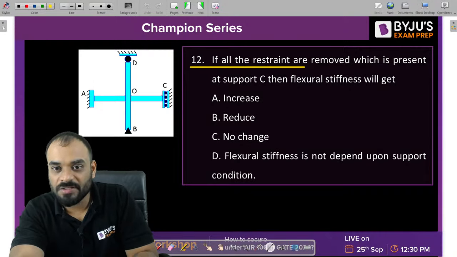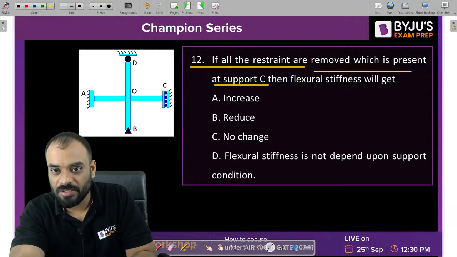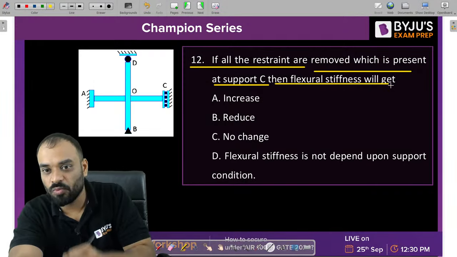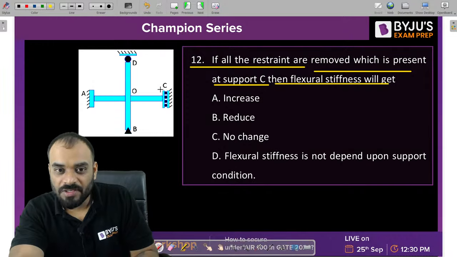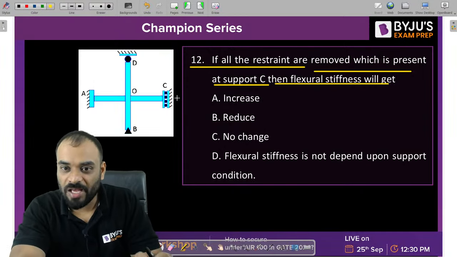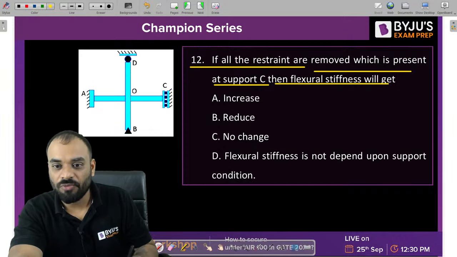If all the restraints which are present at support C are removed, then the flexure stiffness will... Now listen. Whatever restraint is present at this support C, if we remove it, then the flexure stiffness will get changed or it will remain the same for member BC.